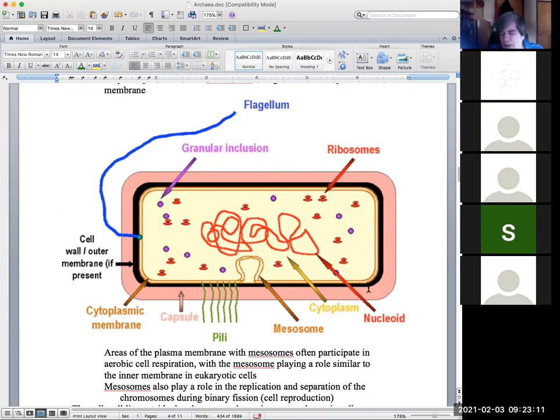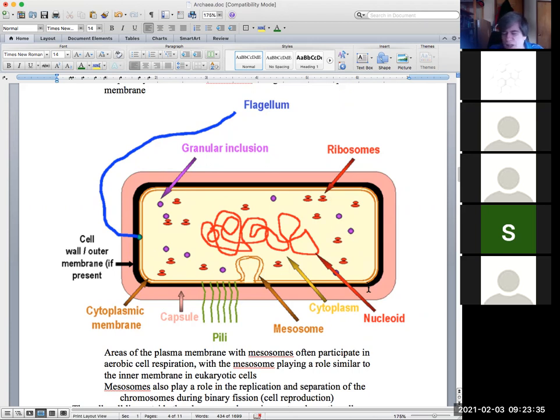Now in bacteria, the cell wall is made mostly of some material called peptidoglycan. So if you think about the name peptidoglycan, remember peptides or polypeptides was another name for a chain of amino acids. So peptido refers to chains of amino acids.